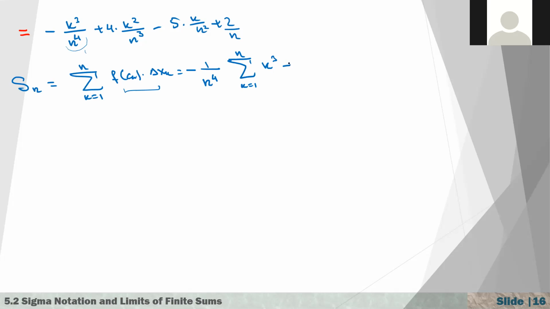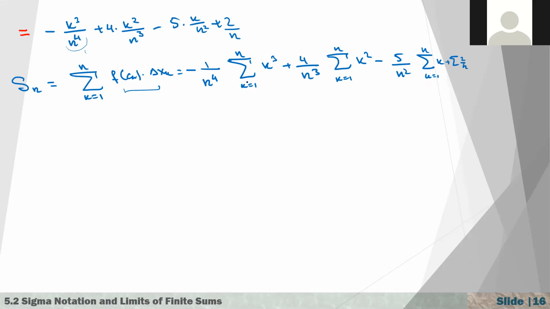And the plus, the second one is 4 over n cubed sigma, k equals 1 to n, here we have k squared. Minus, next one is 5 over n squared sigma, k equals 1 to n, here we have k. And plus sigma 2 over n.